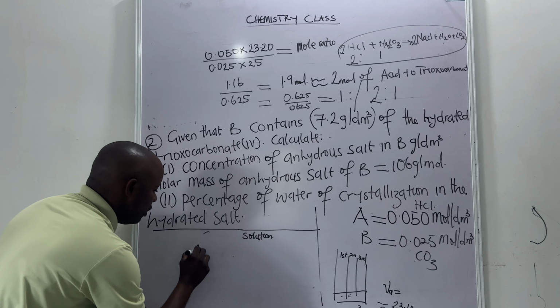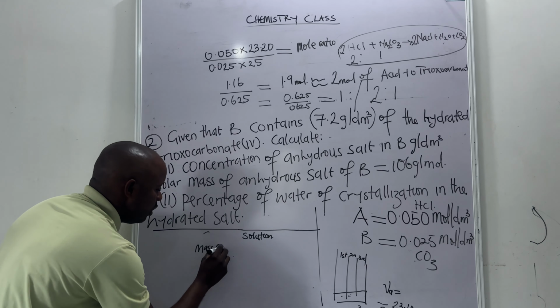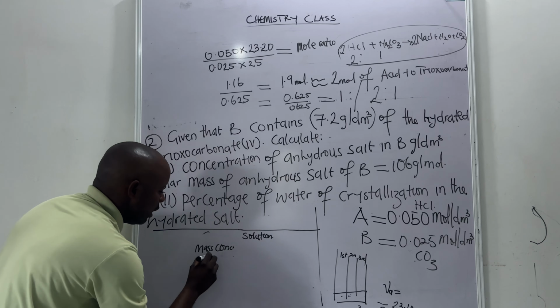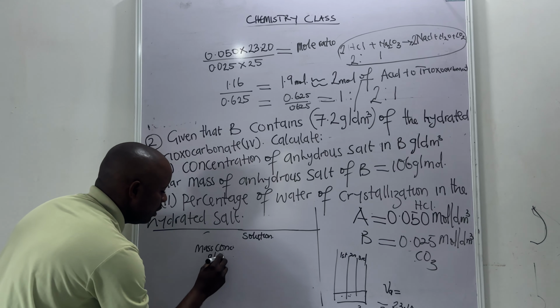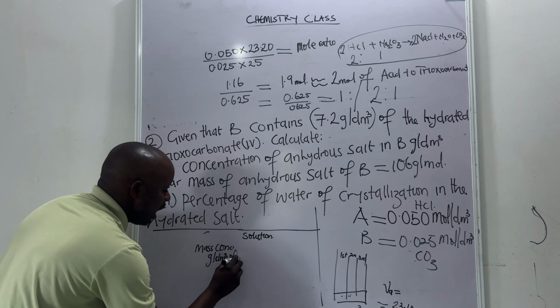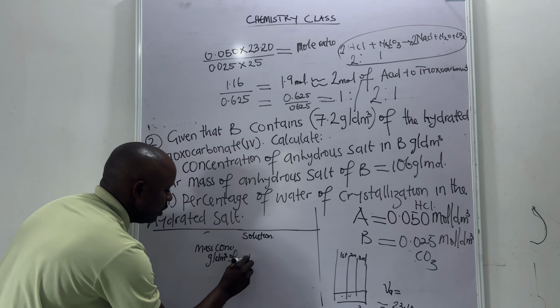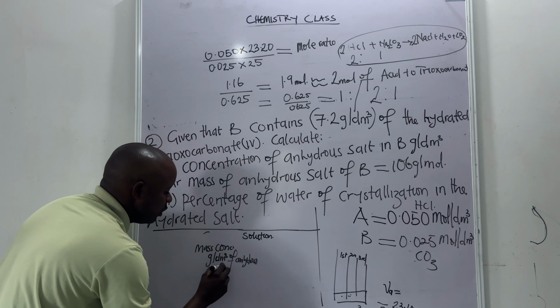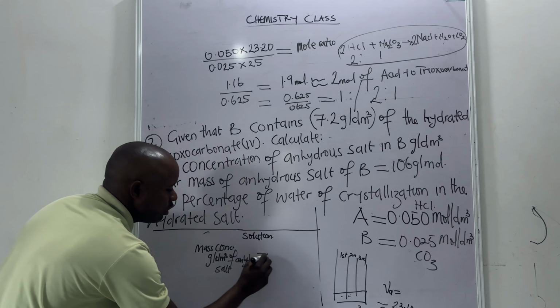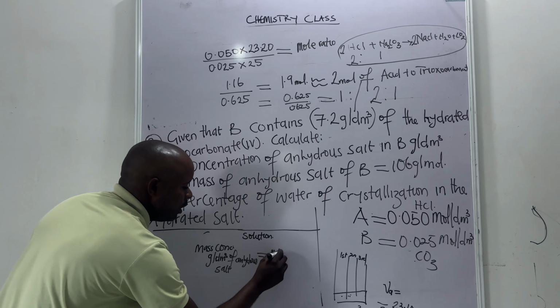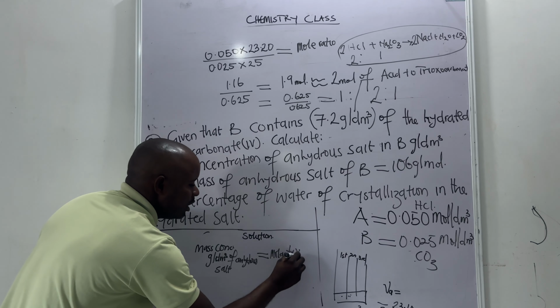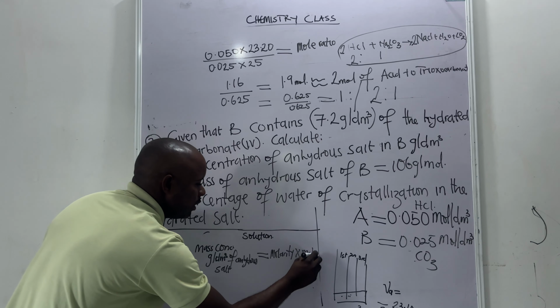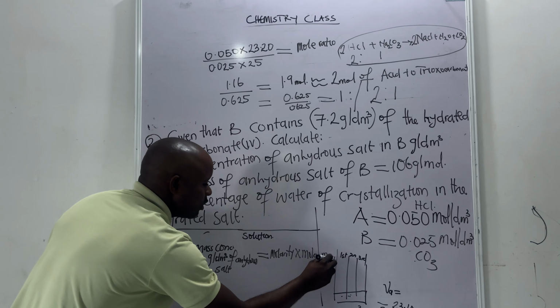We say mass concentration in gram per dm cube of an anhydrous salt is equal to molarity times molar mass of the anhydrous salt.